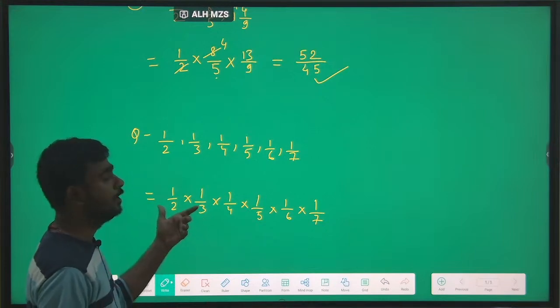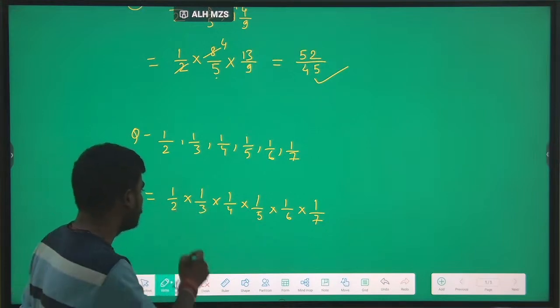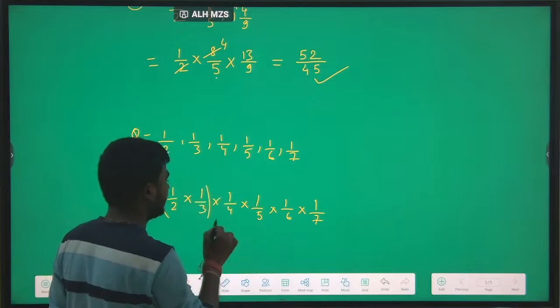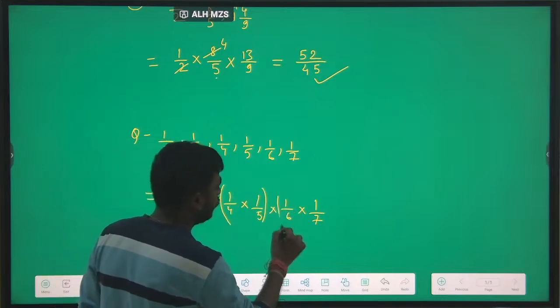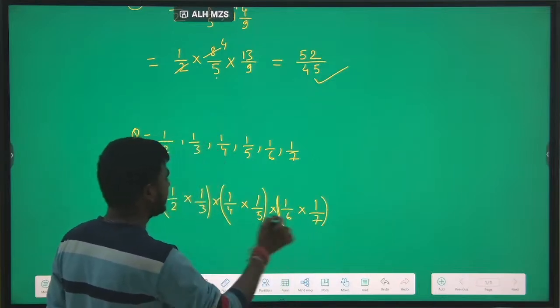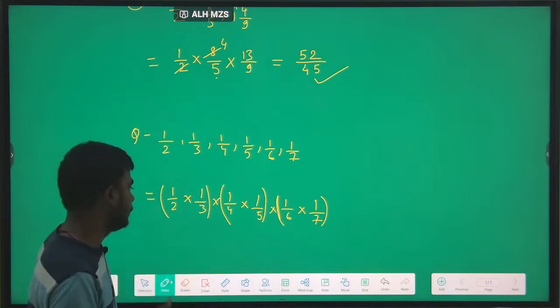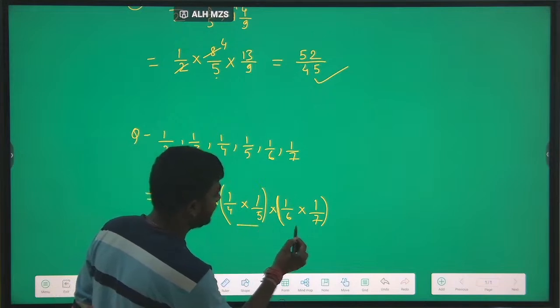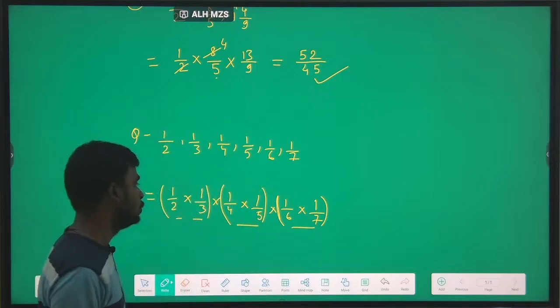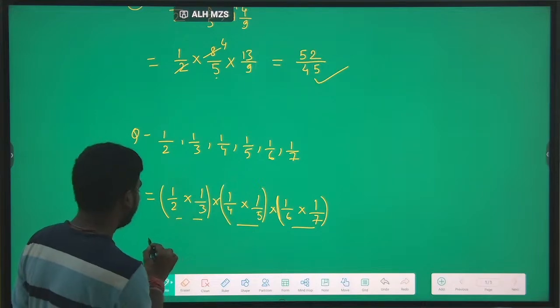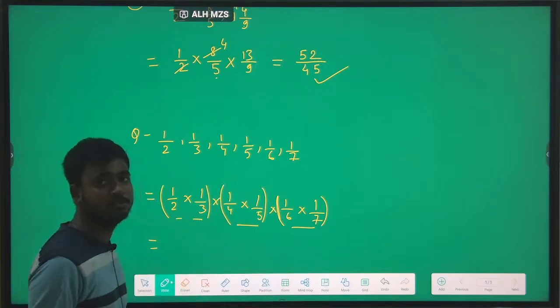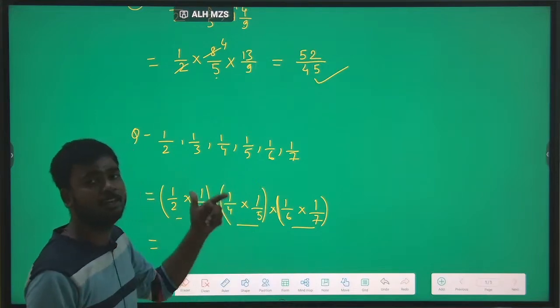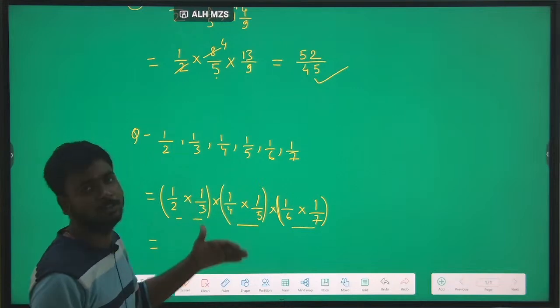We will always try to use simpler things. We will group these 6 in groups of 2. We will first multiply these two, then these two, and then these two. So these 6 terms will be converted into a multiplication of 3 terms, and after that we will solve.